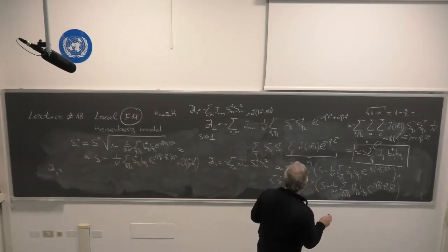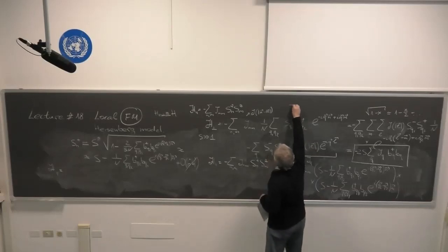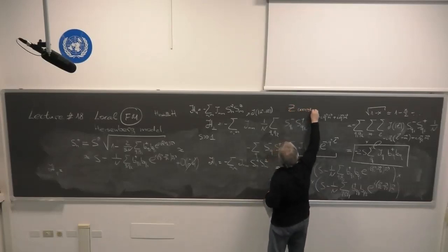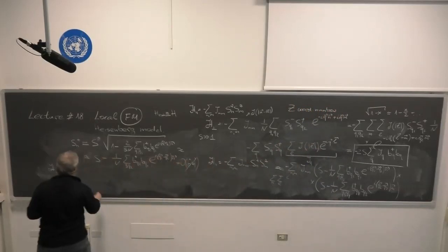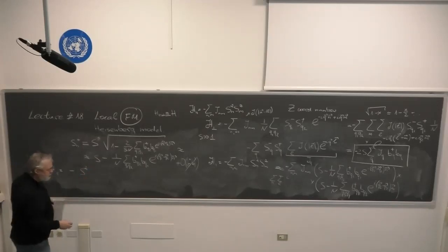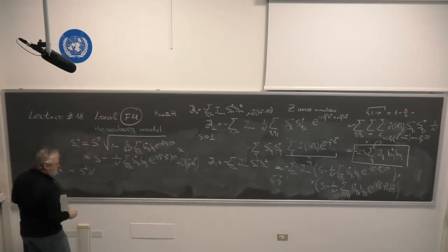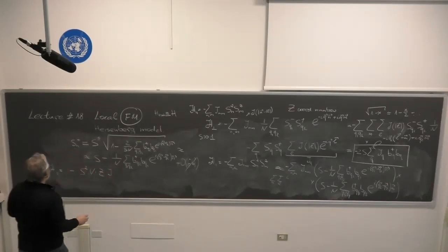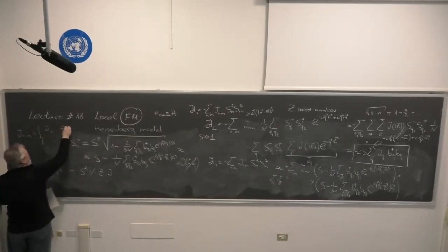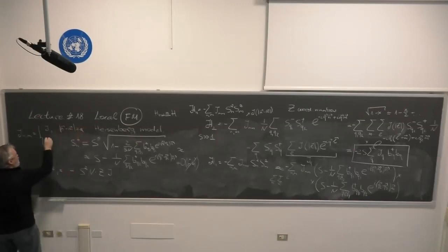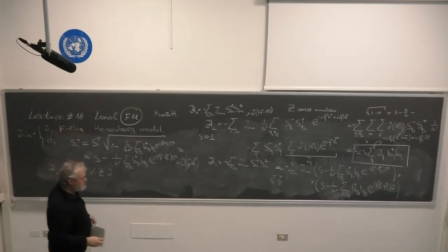Let me assume that only nearest spins interact, and therefore the sum over the nearest neighbors gives you the coordination number z. So then the first term gives me minus S squared times N, the number of sites, times z, the number of nearest neighbors, times G. I assume that G_nm is equal to G if n minus m is equal to the lattice constant a, and 0 otherwise. Okay, this is the first term.